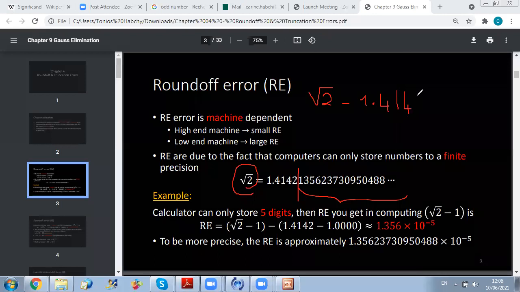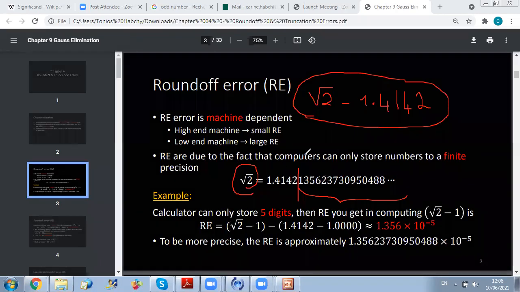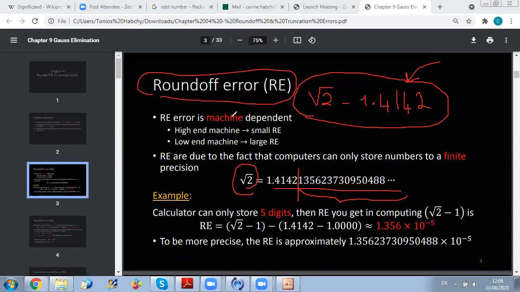So when reading radical 2, my computer will induce an error equal to the difference between the exact value of radical 2, which we can never have exactly because we have infinite digits after the comma, but at least if we take a very large number, we can be closer to the actual value. If the computer can just store 5 digits, this will be the error induced, and this is called the round-off error. As you can see, the round-off error depends on the machine I use.